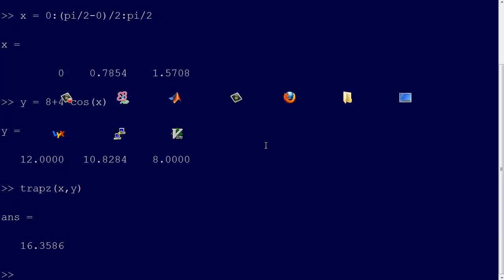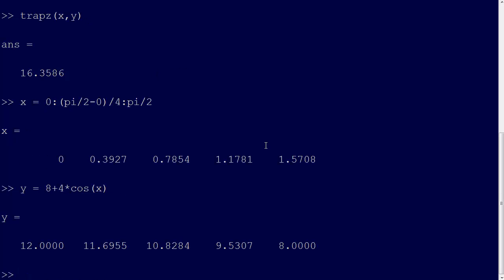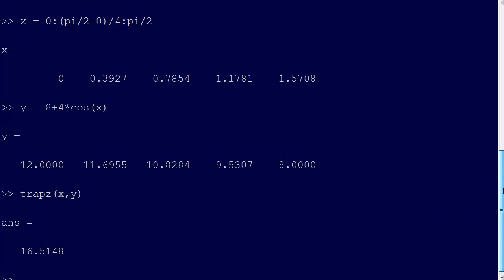We also need to do it with n equals 4, so x is equal to the same thing, but instead of dividing into 2 segments, we divide into 4 segments. And y is going to equal 8 plus 4 times the cosine of x, so we have to update it because we've changed our x. Then we do trapz of x, y, and we get 16.5148.